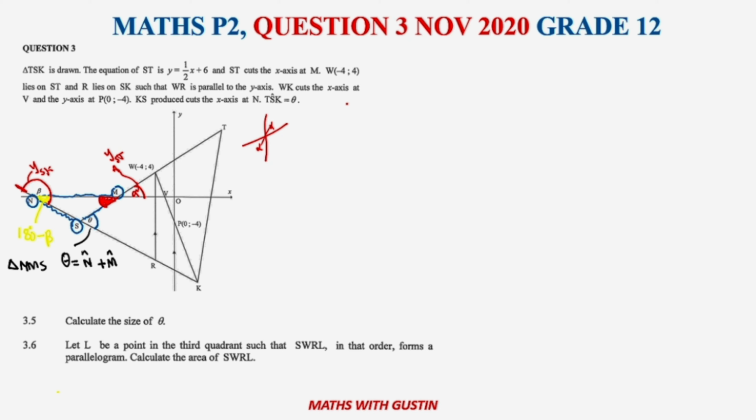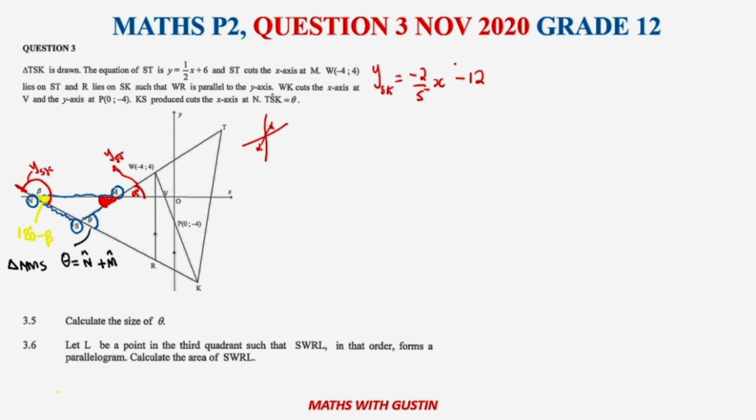As given in the previous work that we did, the equation of SK, if I still recall very well, is y equals negative 2 over 5 x minus 12. That was our equation with that gradient.